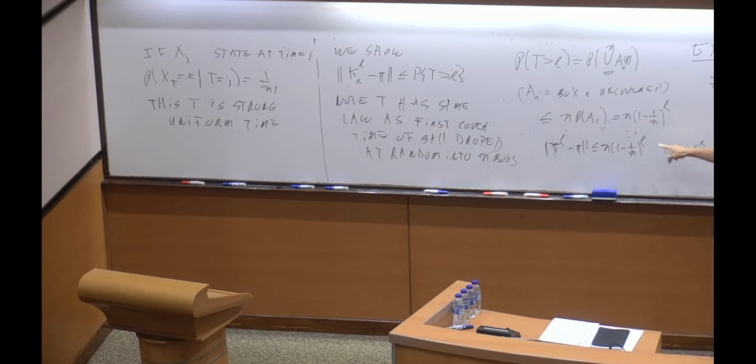If you set L to be n log n plus c n, you'll see the right-hand side is small. If you care about numbers, you can just calculate that. So that's an example of a strong stationary time.